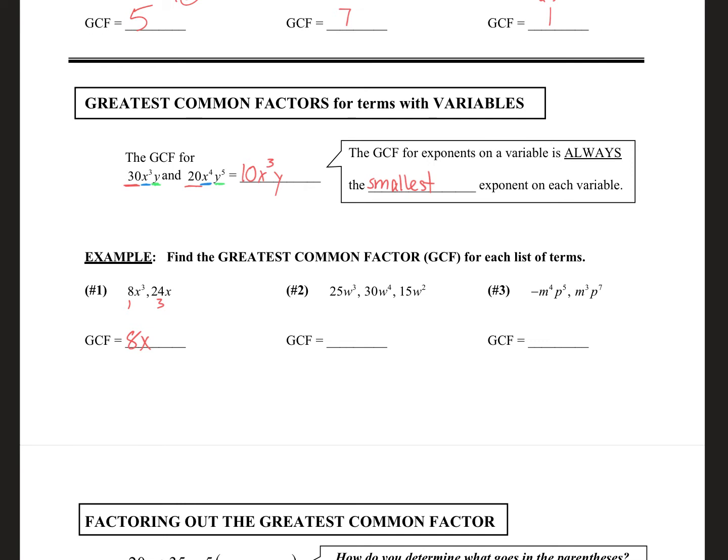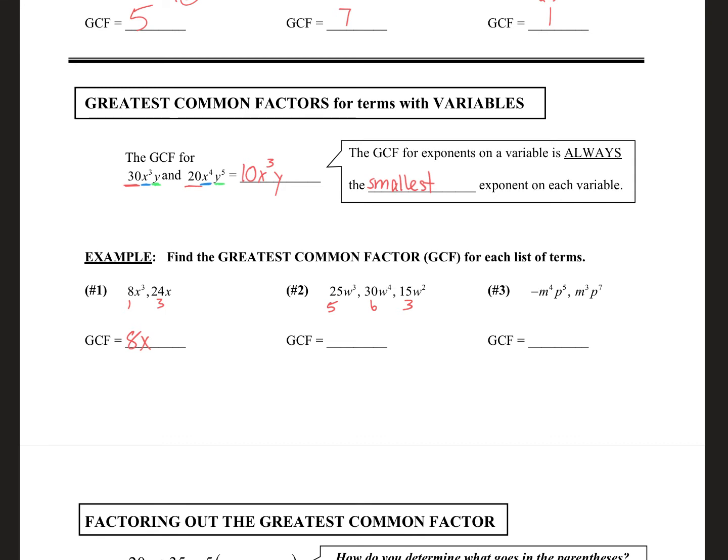All right, let's take a look at this second example here. So 25, 30, and 15. Okay, so when I look at those, I notice that 5 goes into each of those things evenly. So 5 goes into 25 5 times, it goes into 30 6 times, and it goes into 15 3 times.